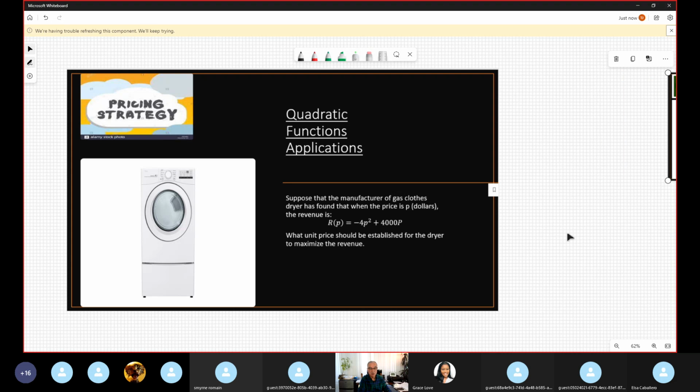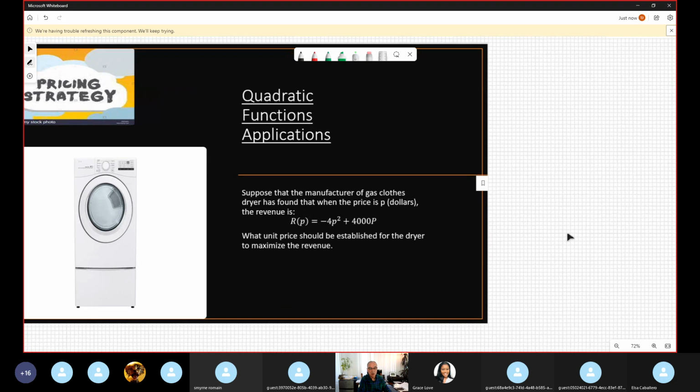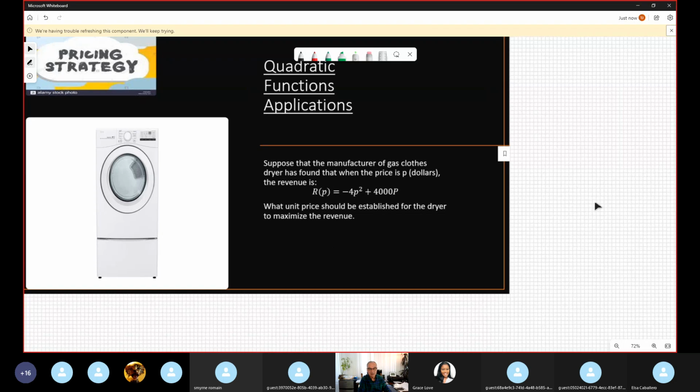Okay, entonces this is a quadratic function application. Suppose que the manufacturer of the gas clothes dryer has found that when the price is $P, the revenue is this equation. Immediately I realize, wow, this equation is a quadratic equation. Yeah, I want to copy.